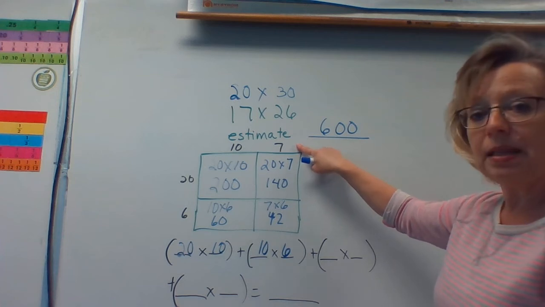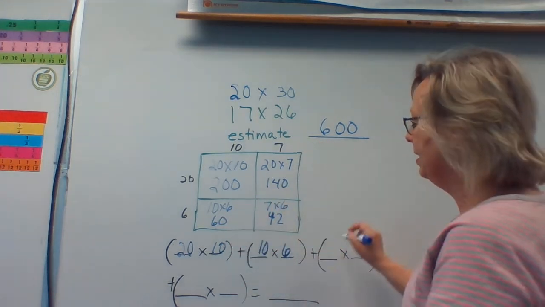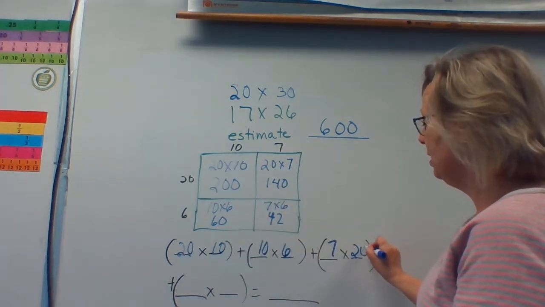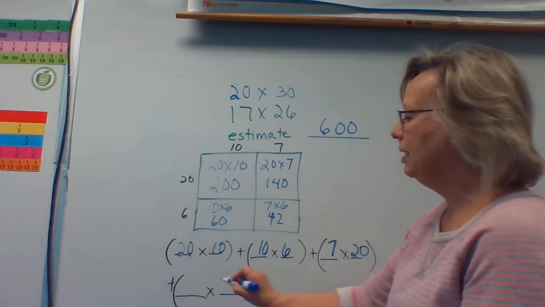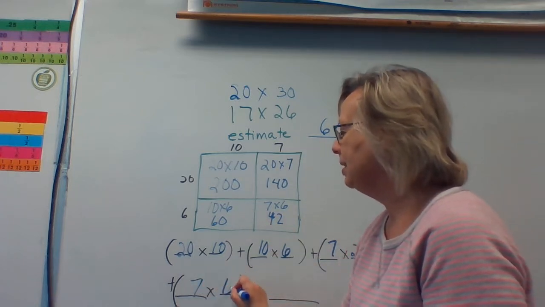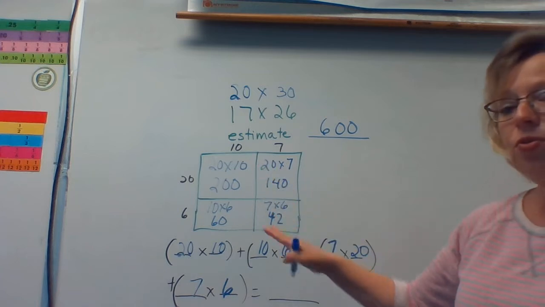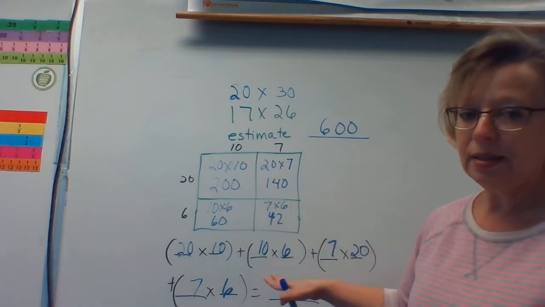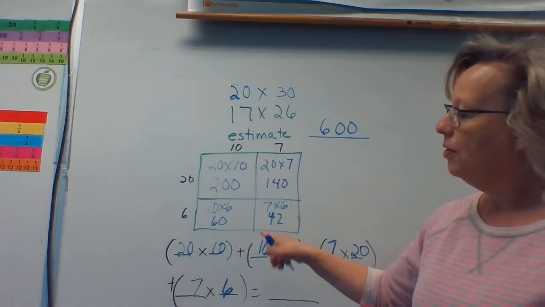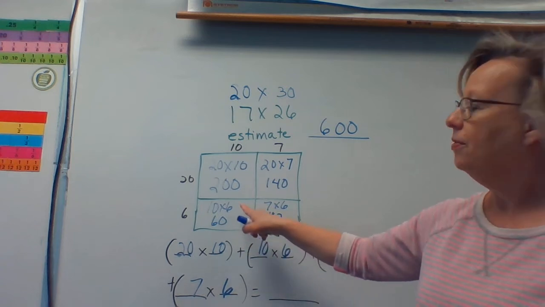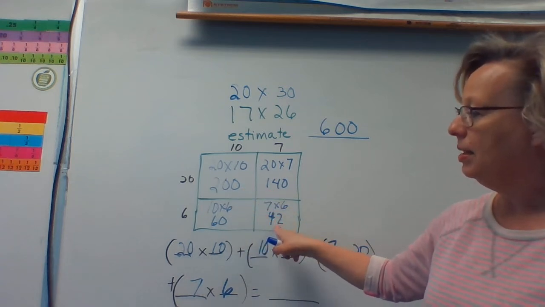Then I'm going to use my 7. I did 7 times 20, and then I did 7 times 6. So those are the partial products of what we have in our boxes.